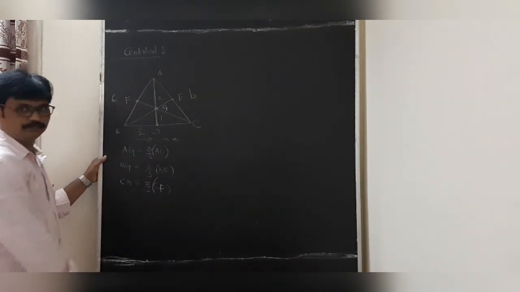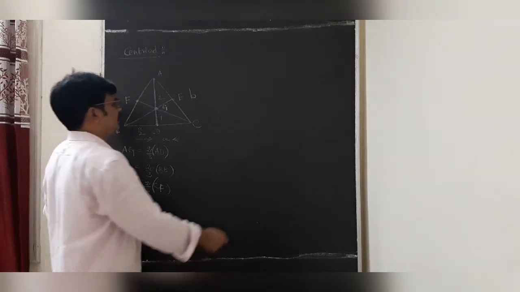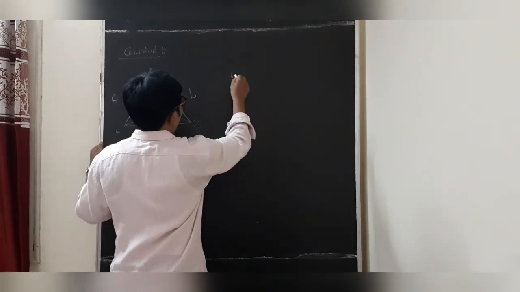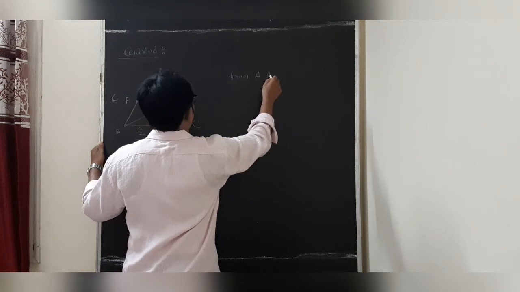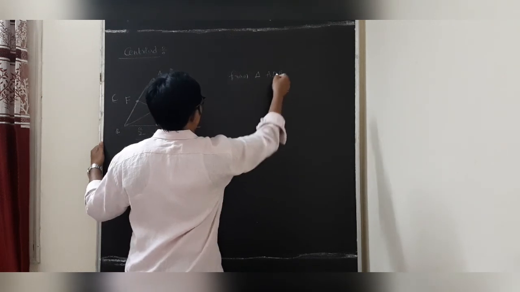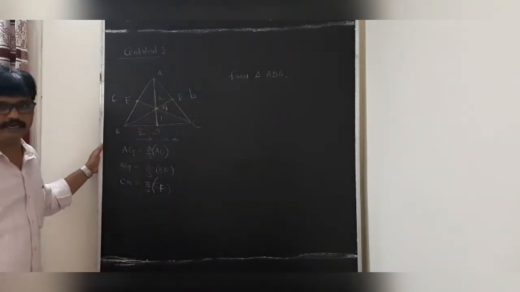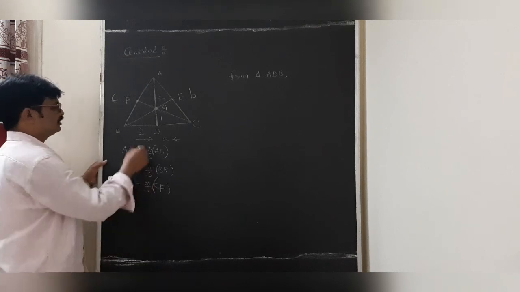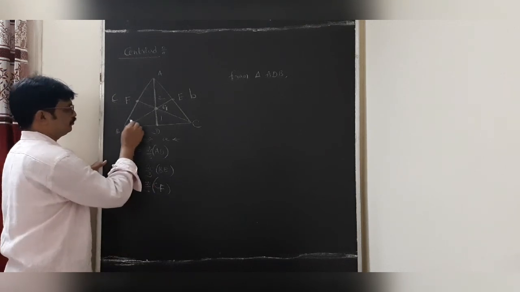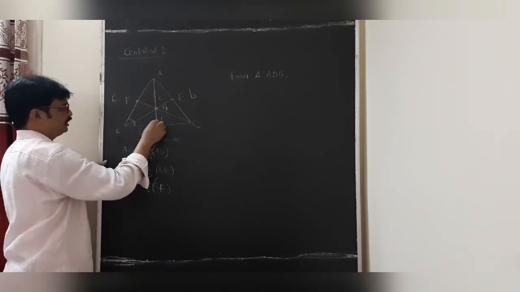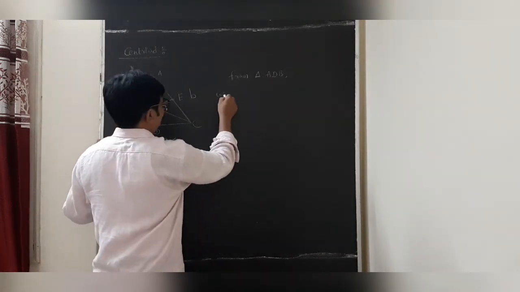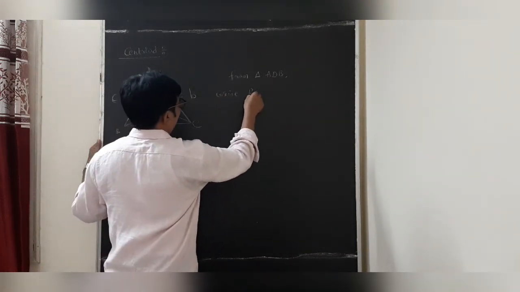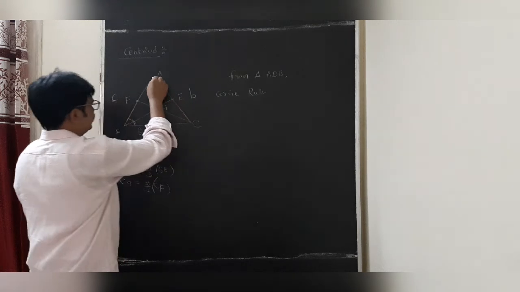So, dear students, right now we observe from the triangle ADB. Dear students, when we are taking this is the cos B, undoubtedly we know from the cosine rule, apply the cosine rule, that is AD square.